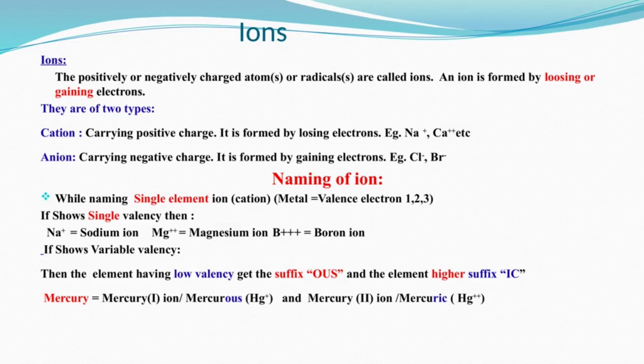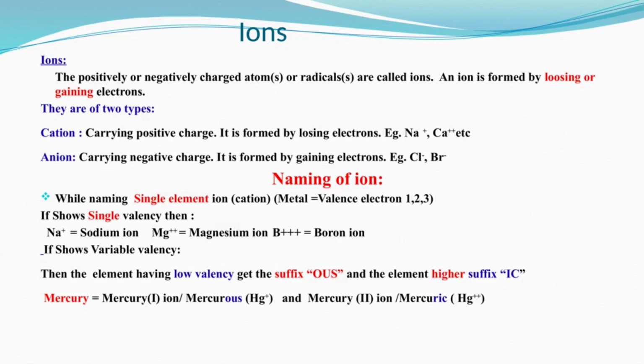Here also there is a similar definition: positively or negatively charged atoms or radicals are called ions. So any charged atom or radical, if it carries either a positive or a negative charge, will be termed an ion.